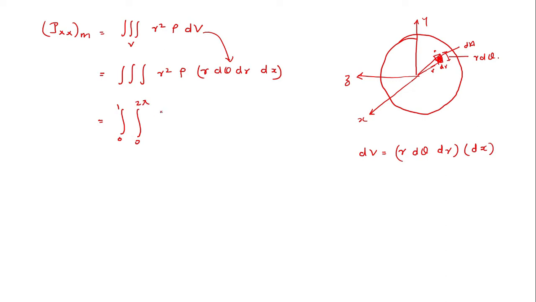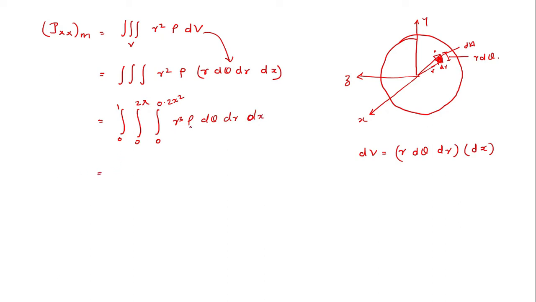And the third one, I'll vary with respect to r, so that will be from 0 to 0.2 x squared, of r cubed into rho into d theta dr dx.